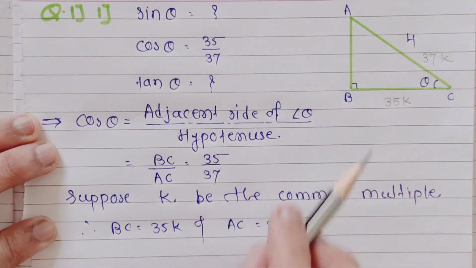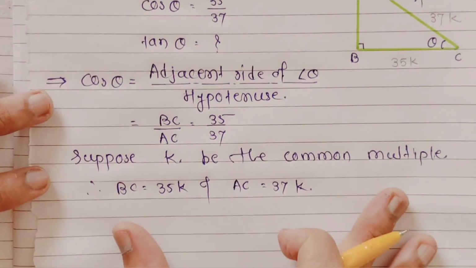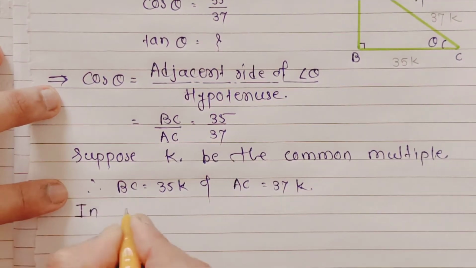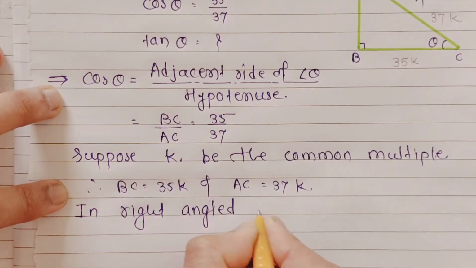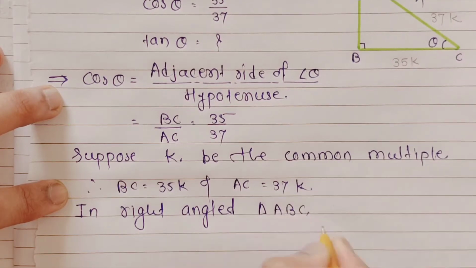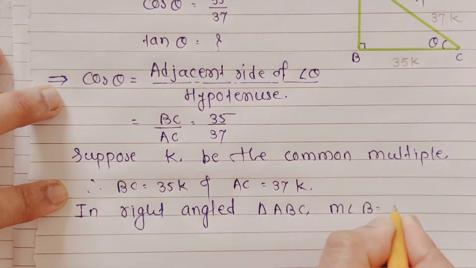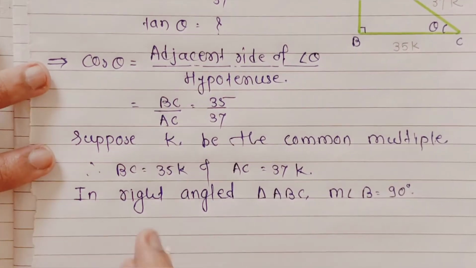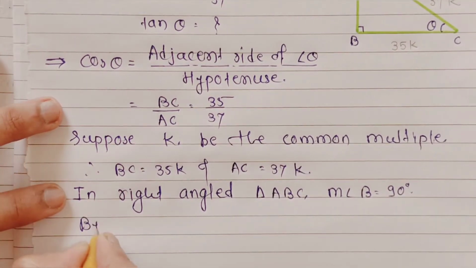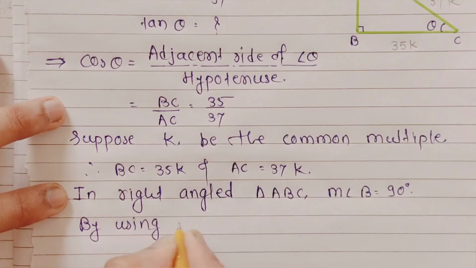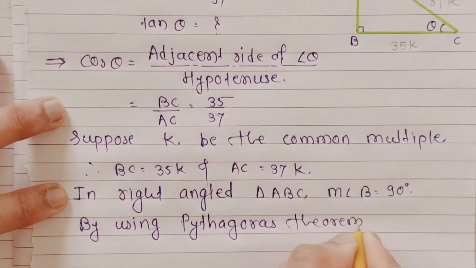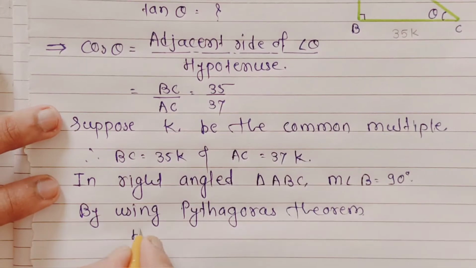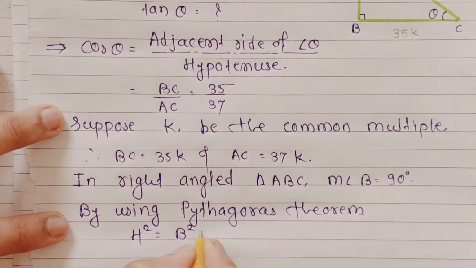So Pythagoras theorem आपण apply करू शकतो. So we can write in right angle triangle ABC, major angle B is equal to 90 degree. So by using Pythagoras theorem, it is hypotenuse square is equal to base square plus perpendicular square.